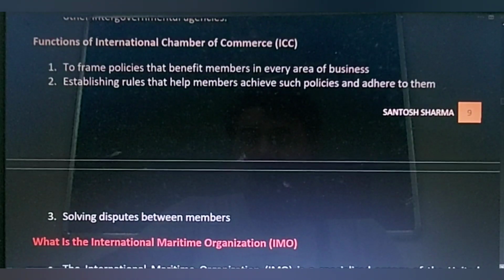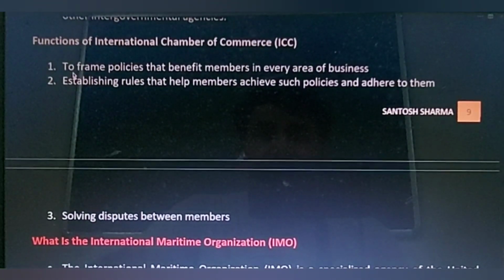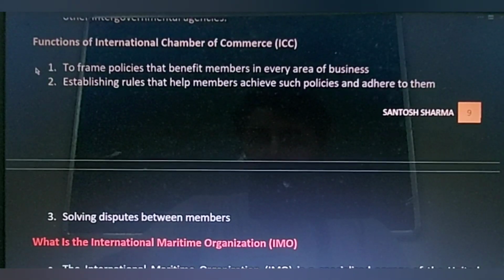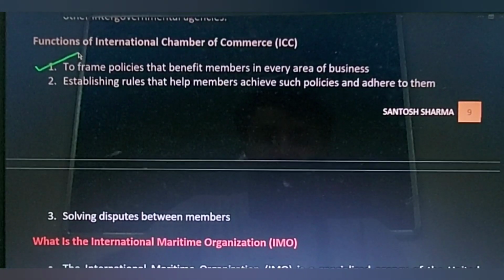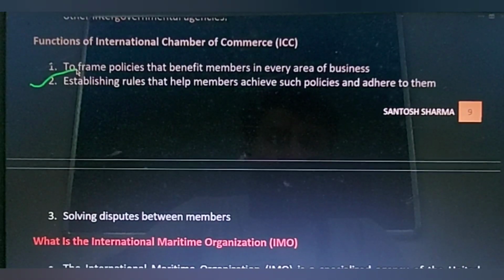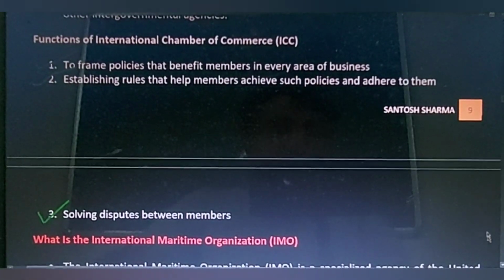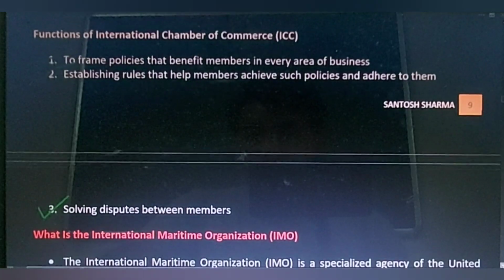Now these are the two basic, in fact three important functions of International Chamber of Commerce. First, to frame policies that benefit members in every area of business, and to establish rules that help members to achieve such policies, and to settle disputes among the traders or member countries.